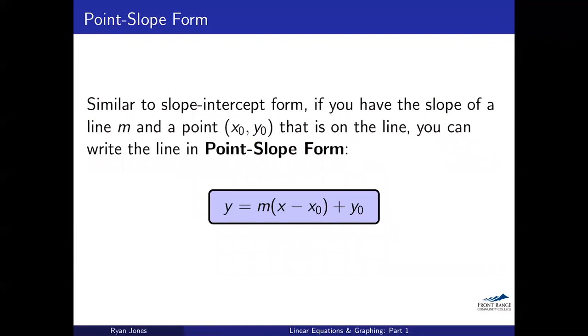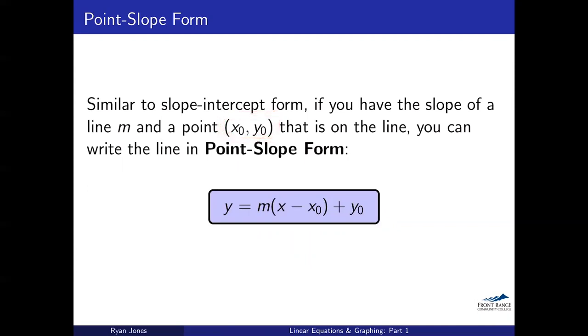And so this point-slope format, as you can see, looks different than what we saw before with y equals mx plus b. We've got this x minus x naught in here. We still have a slope, but here's the difference: let's say that we have a line and we know its slope is m, and we have a point that lies on that line, any point you want.